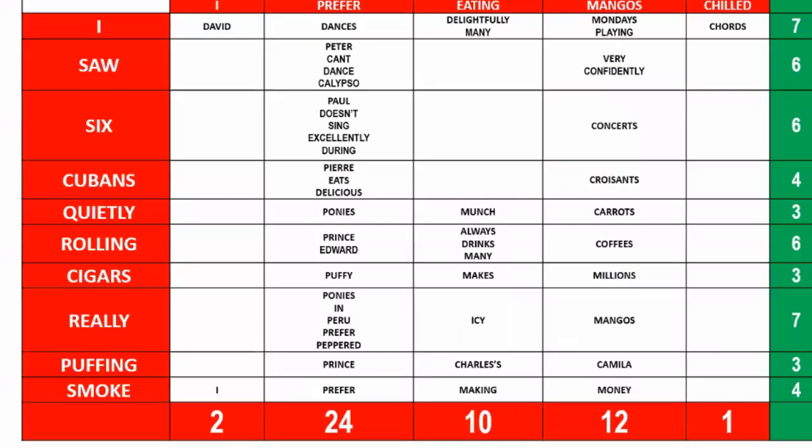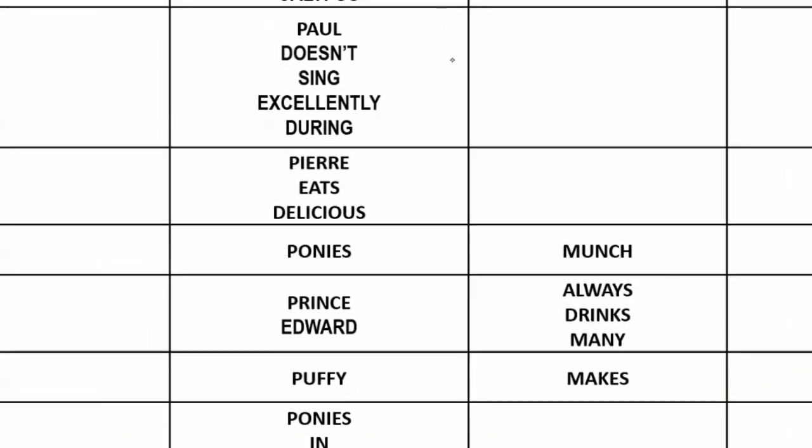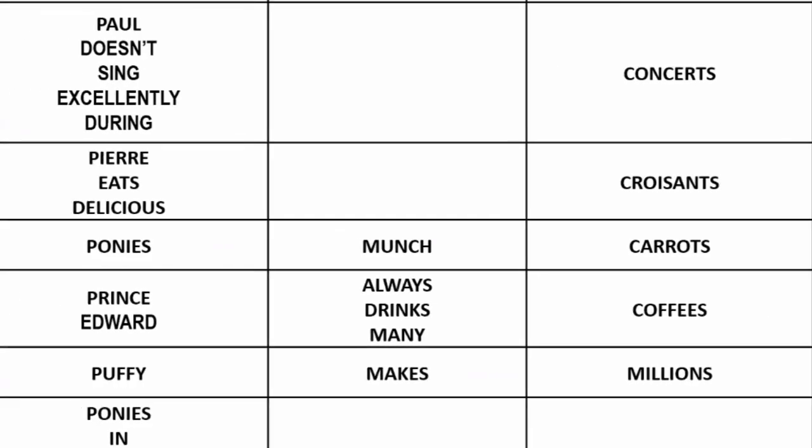I should have told you we've got the mnemonic on the left for the knowledge areas, which you can memorize as well. But I'm not going to bore you reading the entire chart. You can take a look at what's there.